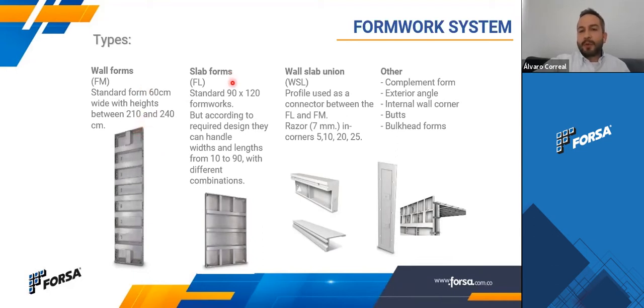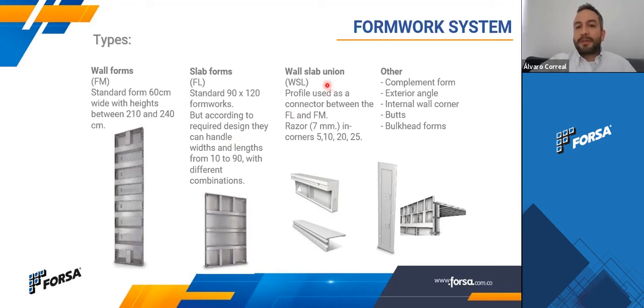We have slab forms. This is the name that we have for them. And the standard is 90 by 120 cm. And of course, depending on the modulation of the slab, we can have, and we will send you, different configurations and different dimensions of them.